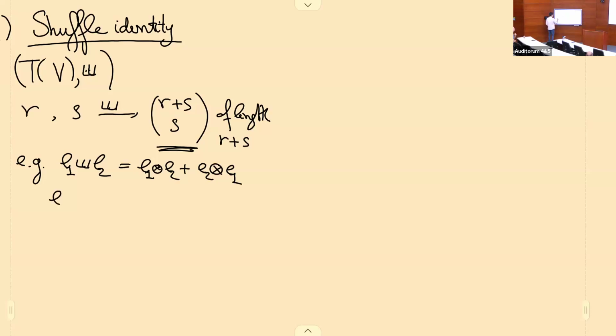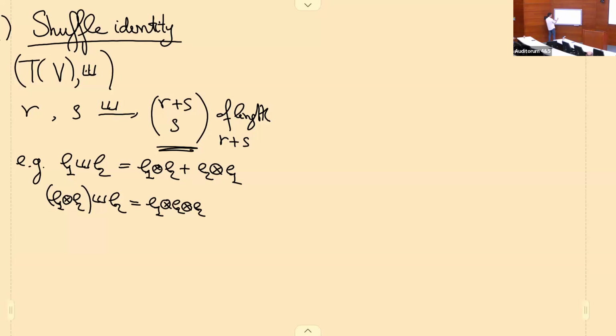If you take two words of the form E1 tensor E2, this is one word of length 2, and you shuffle it with another word. Let's take E2 again. Now this will give you E1 tensor E1, E2, sorry, tensor E2. That's just putting them together without changing the order.